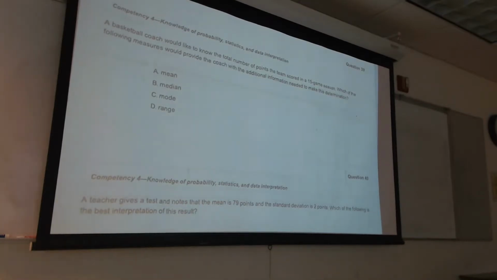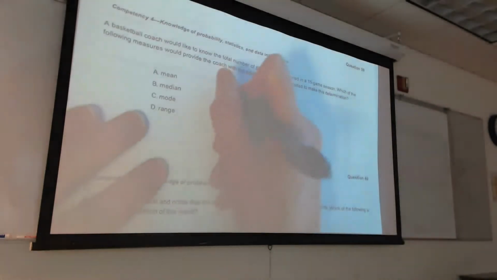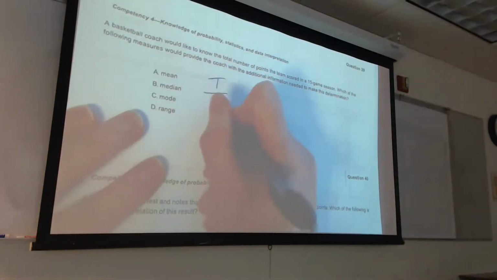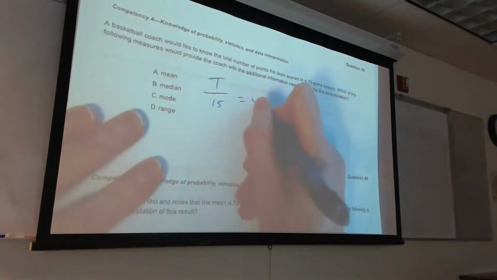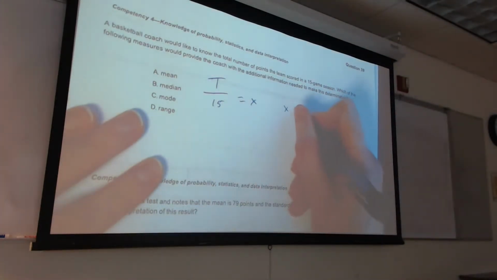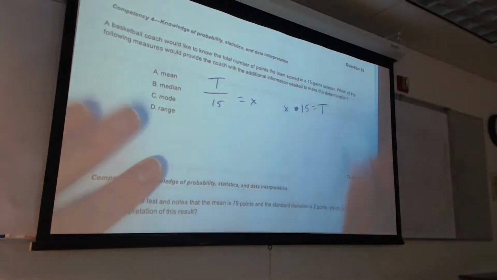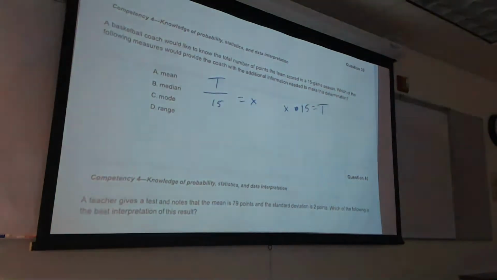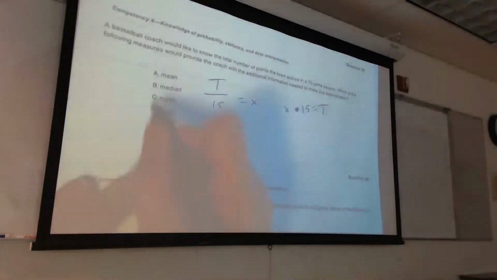Actually, if the mean was the total divided by 15, and you did the average times 15, that would equal the total. So it would be exact.